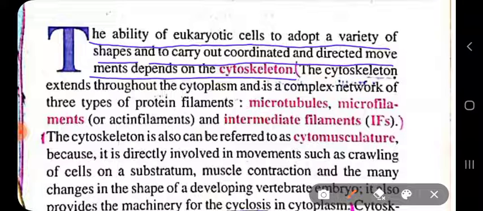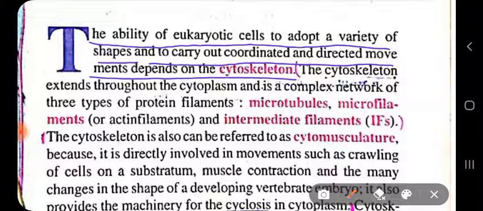Eukaryotic cells have different shapes. You can see the red blood cells have a unique shape, the nerve cells have a unique shape, and the dendritic cells also have a unique shape. That is actually mediated by the pillars of the cell, which is called the cytoskeleton. Even the movement also depends on the cytoskeleton.